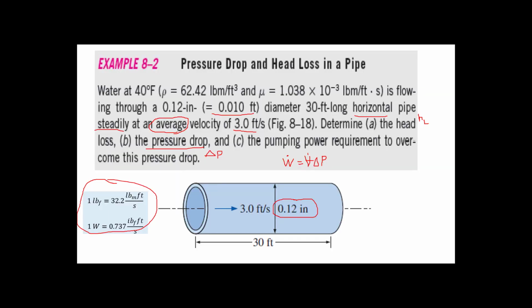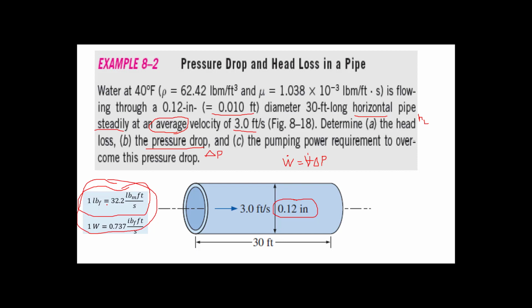So if we go back to the question statement, we'll find this conversion here. In order to convert pound mass foot per second squared to pound force, we need to divide by 32.2.